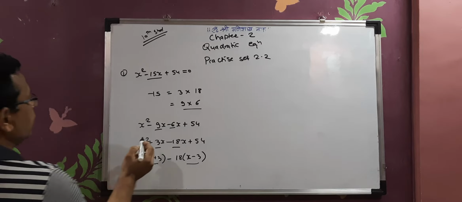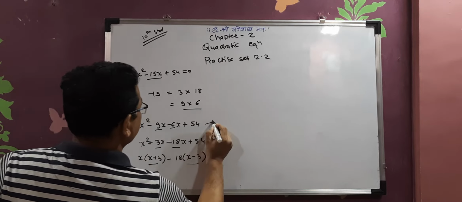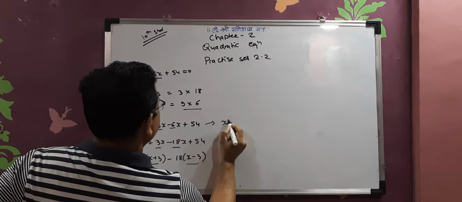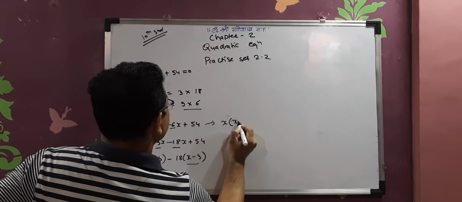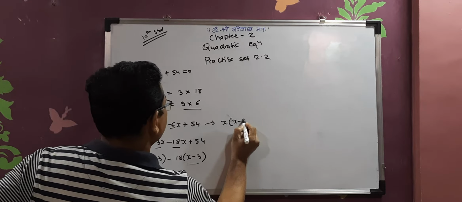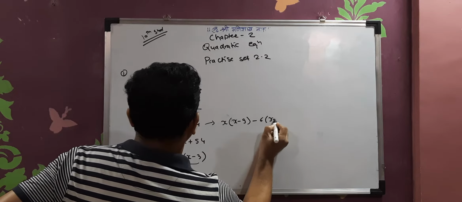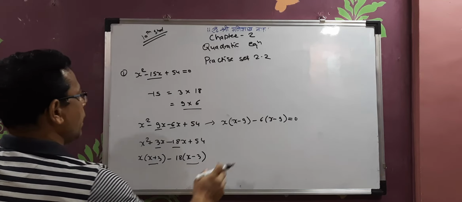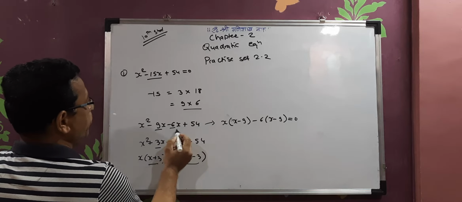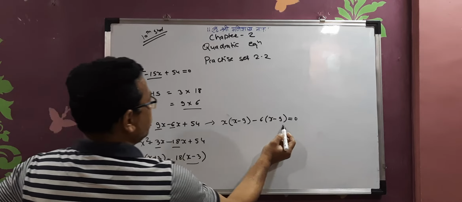If you take 9 and 6, then what will happen? Here x will get common, x minus 9 minus 6, so x minus 9 is equal to 0. How is it coming minus 9? Because we have kept the minus sign outside the bracket, so the plus will become 9.